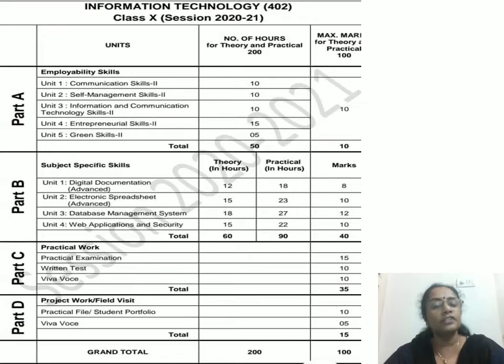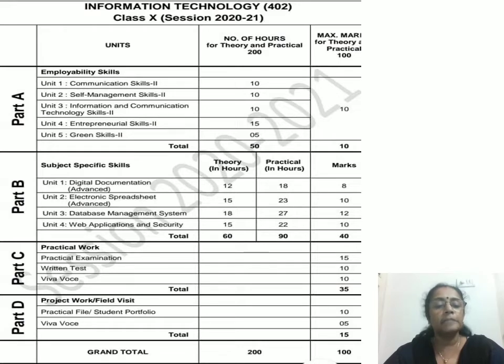The total weightage is only 10 marks, but it is divided into 5 units. The first unit is communication skills, the second is self-management skills, the third is information and communication technology skills, the fourth is entrepreneurial skills, and the fifth is green skills. All these 5 units together have a weightage of 10 marks.